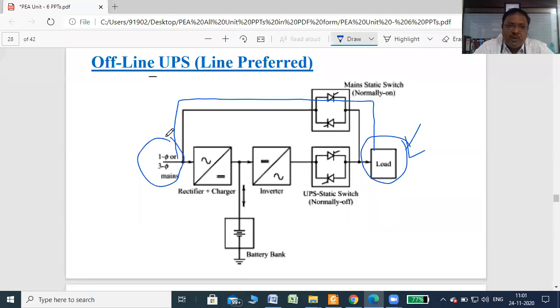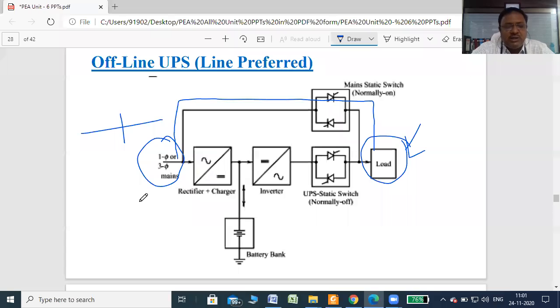And this input source is not a constant voltage. We all are very aware that the input voltage or source, single phase or three phase, is continuously variable. If you measure voltage at your home using a multimeter in AC mode, you will find that the source voltage is continuously unstable. It shows 230, within a second it shows 225, 230, even 240, 250, even 210 and so on, right?